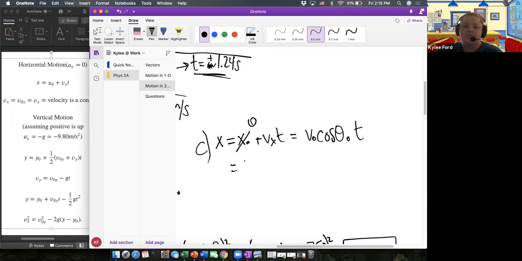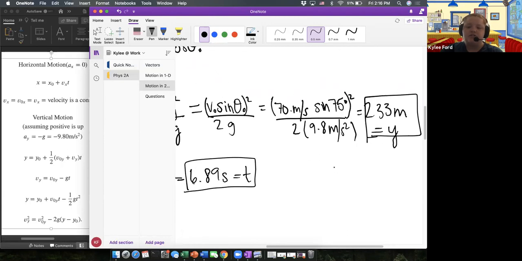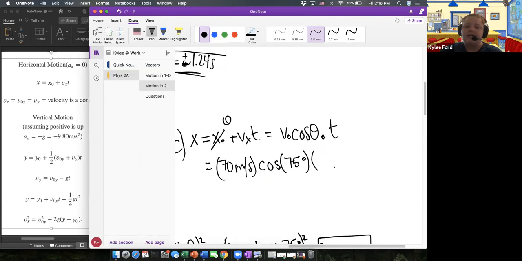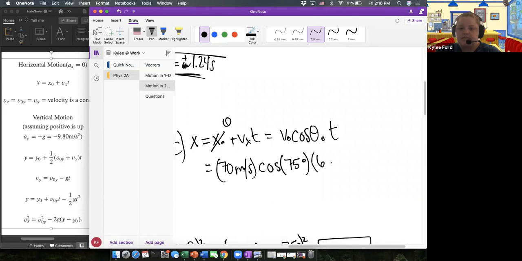Okay. My v naught was 70 meters per second. Okay. My theta naught is 75 degrees. And my time now, since I just solved for that, is 6.89 seconds. Okay.